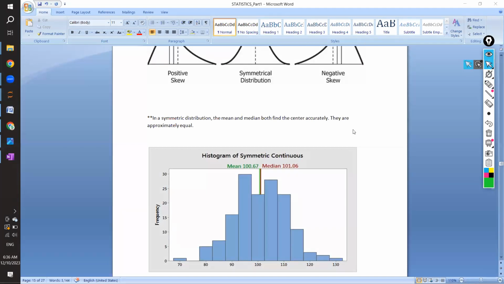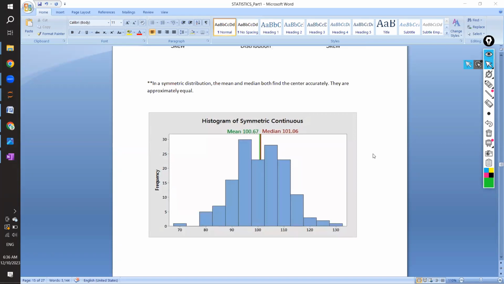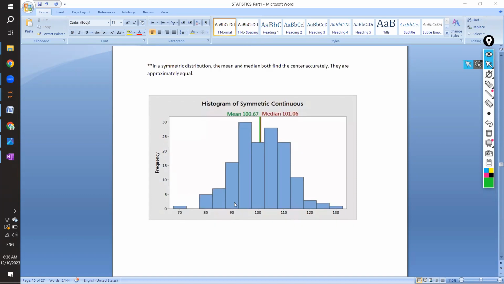Okay. So today, if I just show you a few distributions, you can see certain data points and their frequency. Fine.